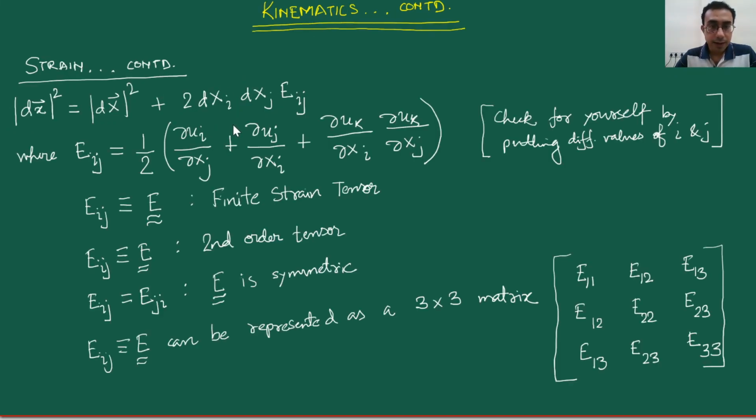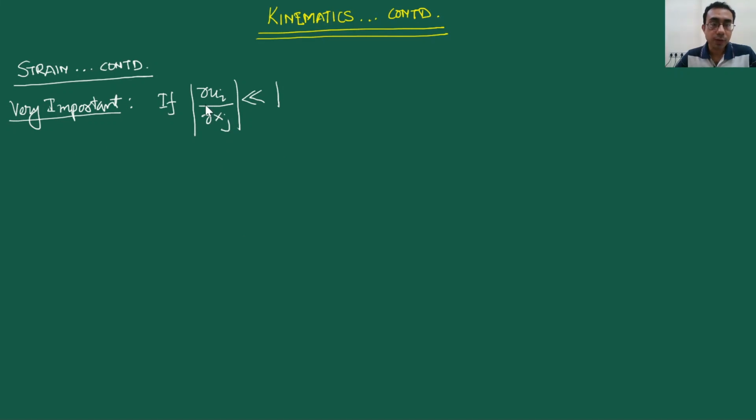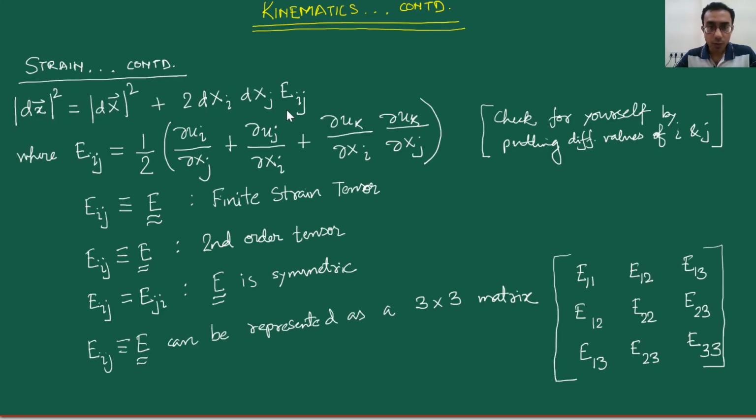It does not mean that here, if we come back, it is only this del ui del xj which can be less than 1. This is a generic expression. You might as well have written this as del up del xq or del um del xl. Anything goes. So this generic term, if it is much less than 1, then the multiplication of this one and this one, suppose this is 0.1 and this is let's say 0.2, then this becomes overall 0.02, which is even less than 1, even smaller.